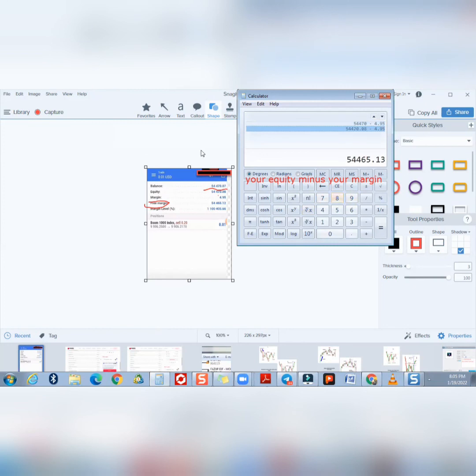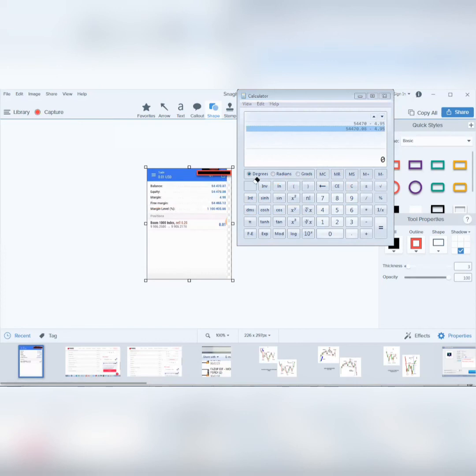Guys, we have 54,465.13, 54,465.12. Can you see, guys? Basically, this is just what the free margin indicates. So it's just your equity minus your margin.